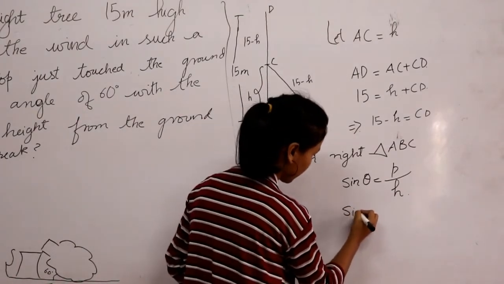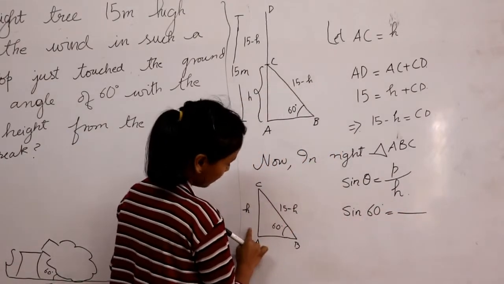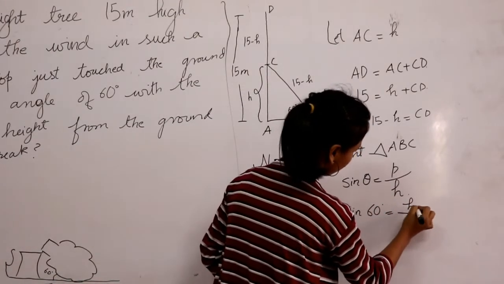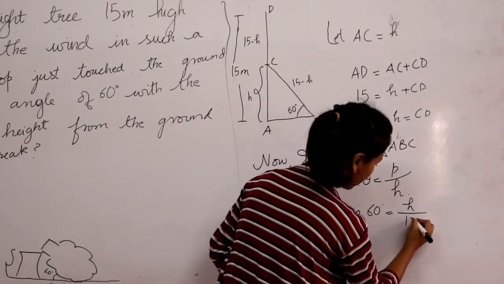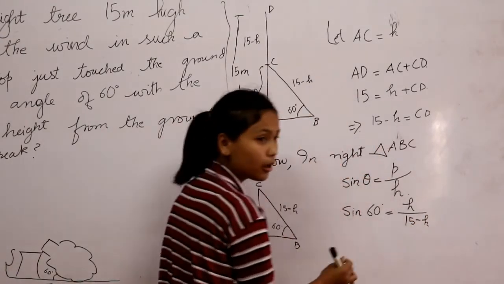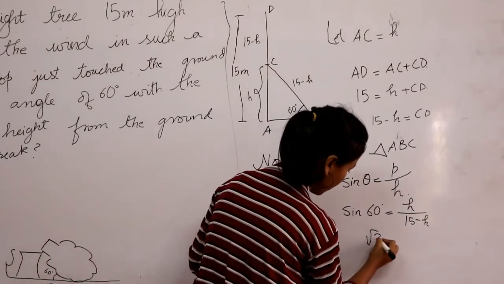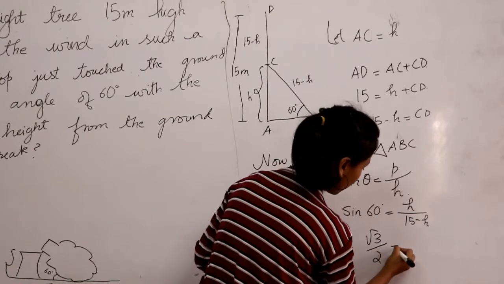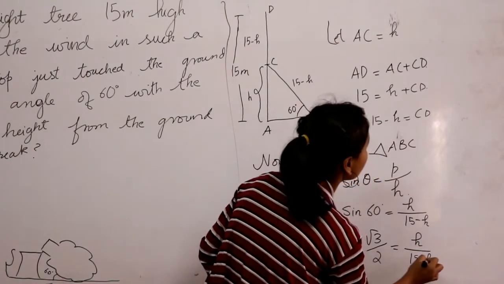Let us put here theta as 60 degrees. The perpendicular here is H, and the hypotenuse here is 15 minus H. Now, sine 60 degrees is how much? Root 3 by 2. Then H by 15 minus H.